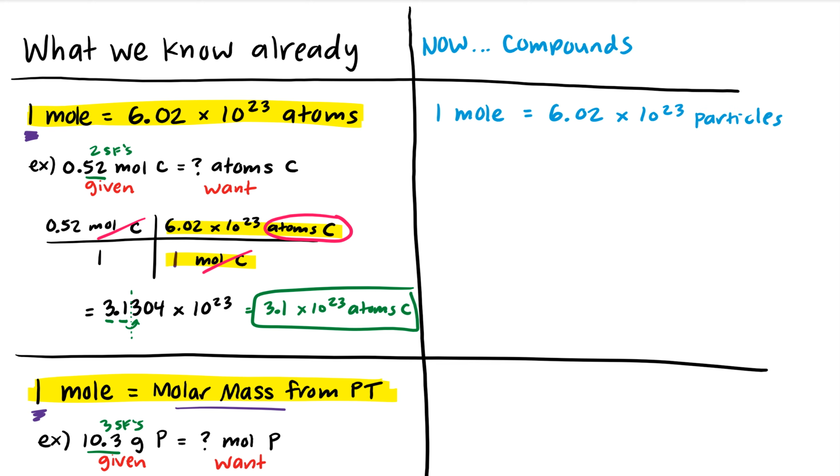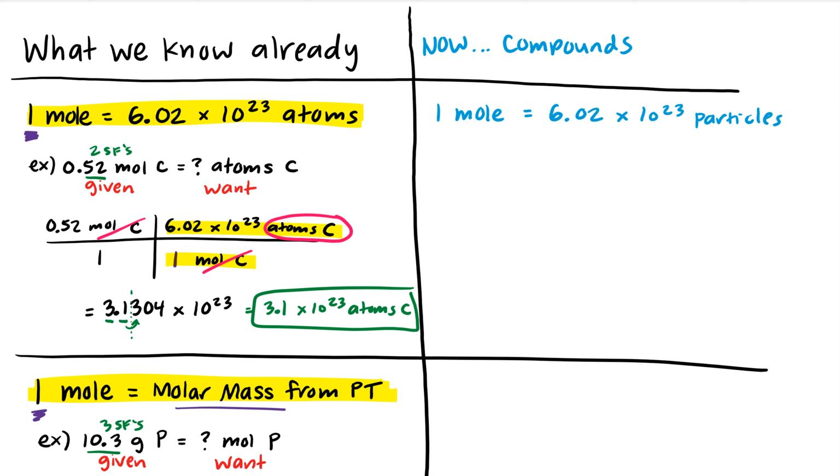And really, particles is a more broad term that we use to describe molecules and atoms and ions. So really, 1 mole of anything is equal to 6.02 times 10 to the 23rd particles of that substance, whether it is going to be a compound or a pure element.